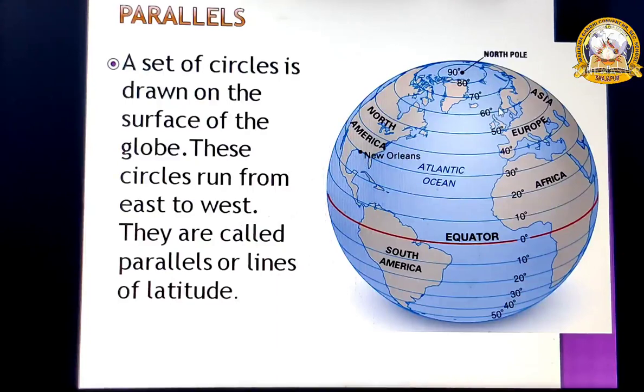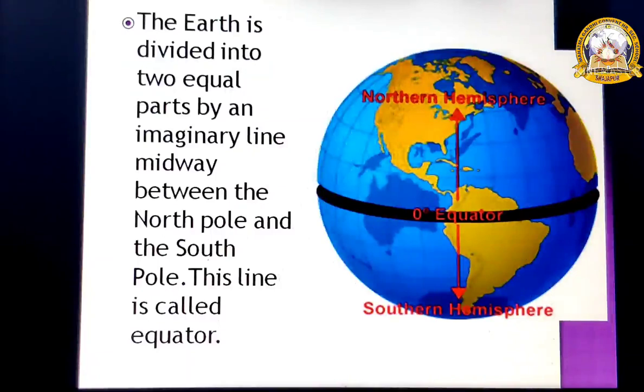The imaginary lines which run from east to west and divide our earth horizontally are known as parallels or lines of latitude. Next, our earth is divided into two equal parts by an imaginary line midway between the North Pole and South Pole.